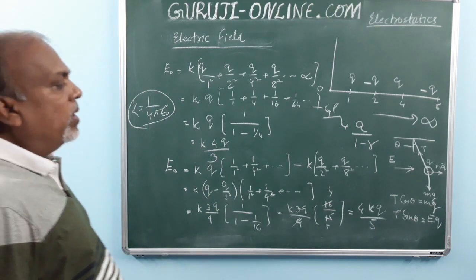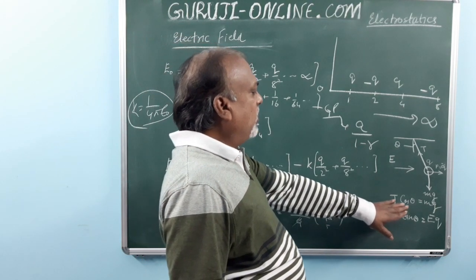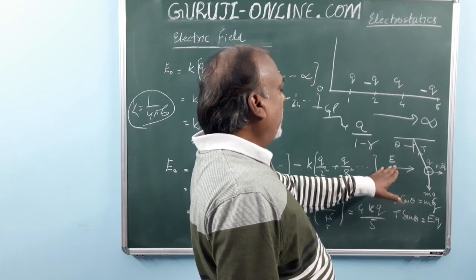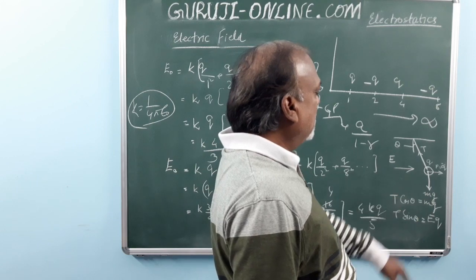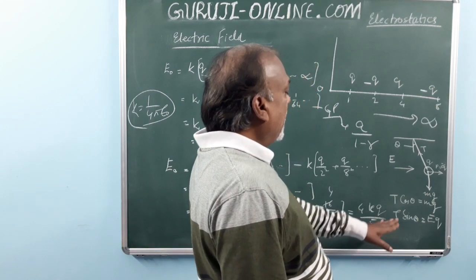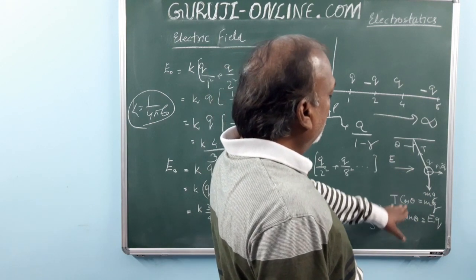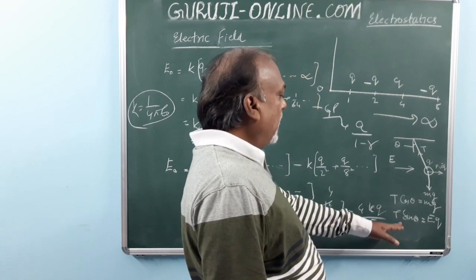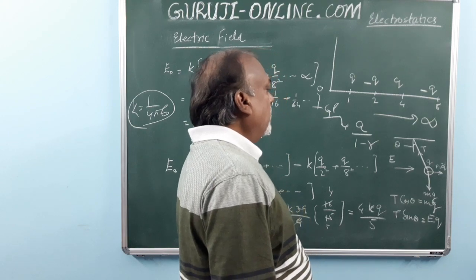Correct? So in this problem you can be asked the angle also. If electric field is given, and mass is given, you can be asked the tension also. What will be the tension in the string?